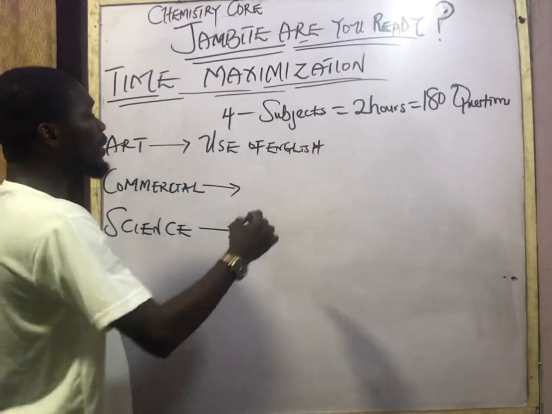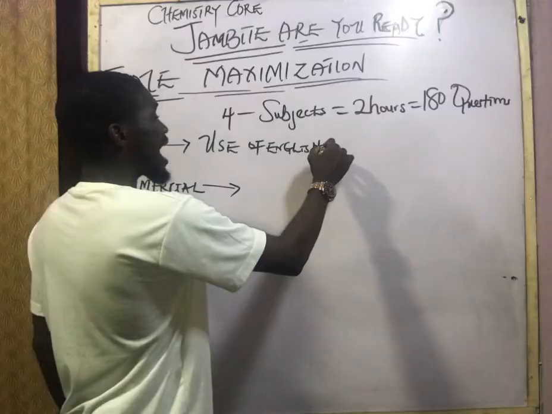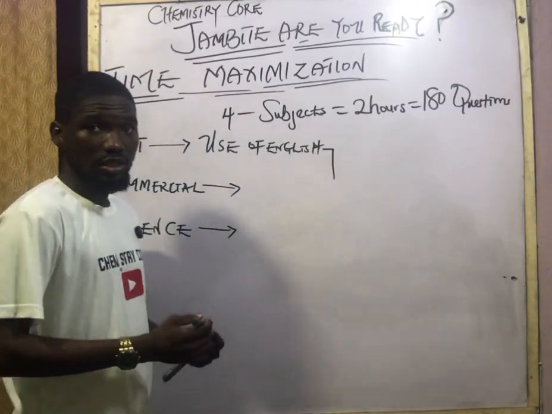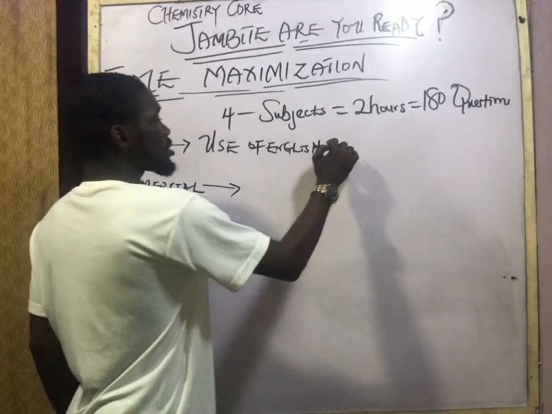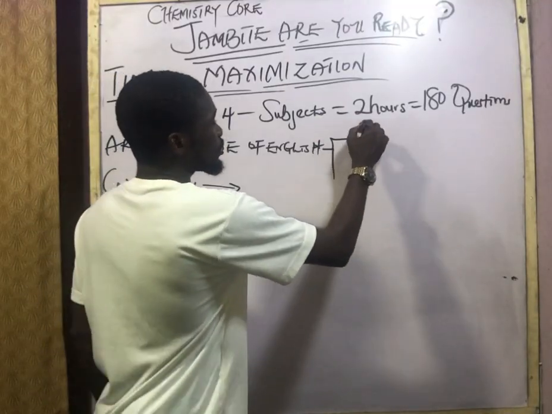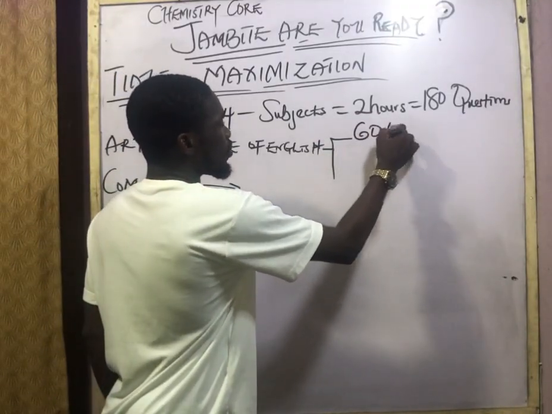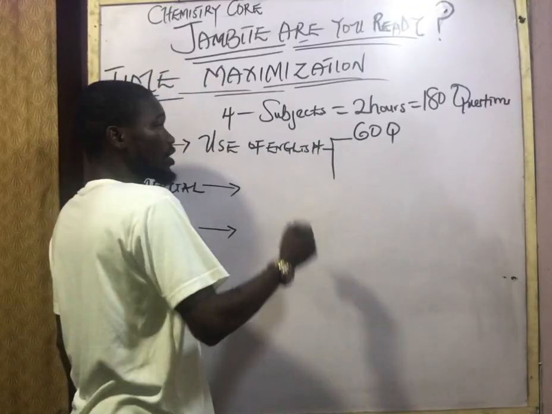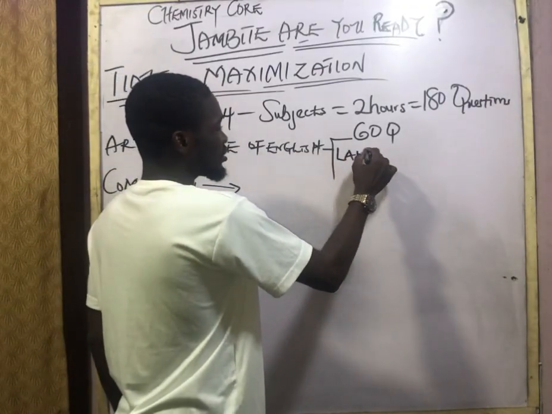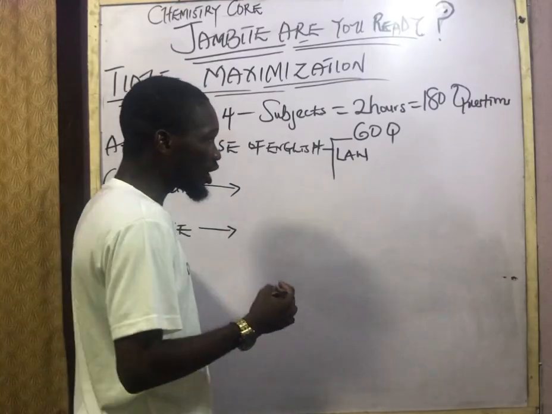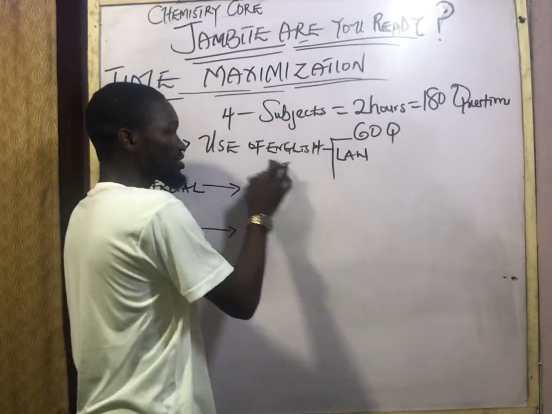So now, if I want to work it out with the arts department, Use of English is the first subject, which is 60 questions. For example, you want to study law. For you to study law, English is compulsory.